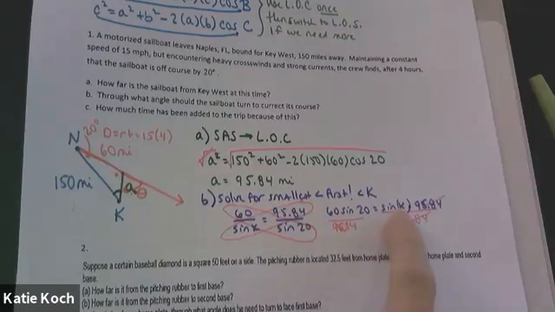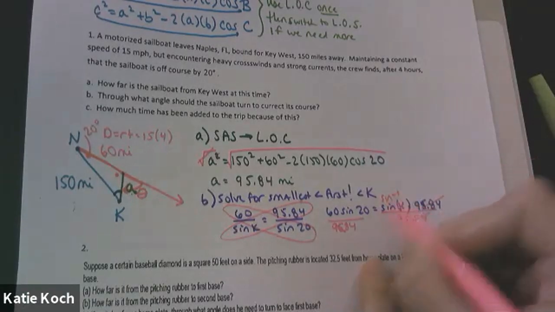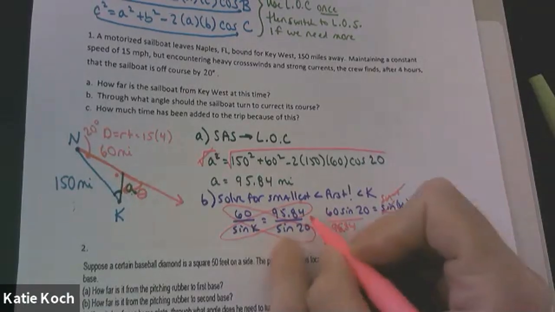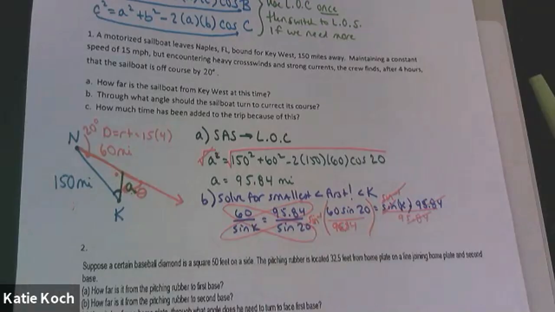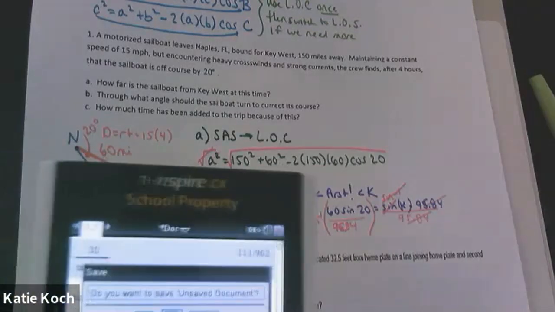See how I'm going to try to get the K alone? I have to undo the sine. To undo the sine, I will take the inverse sine of this side, which gets rid of that, and the inverse sine of this side. I'll show you that on the calculator. Let me actually start it from scratch.